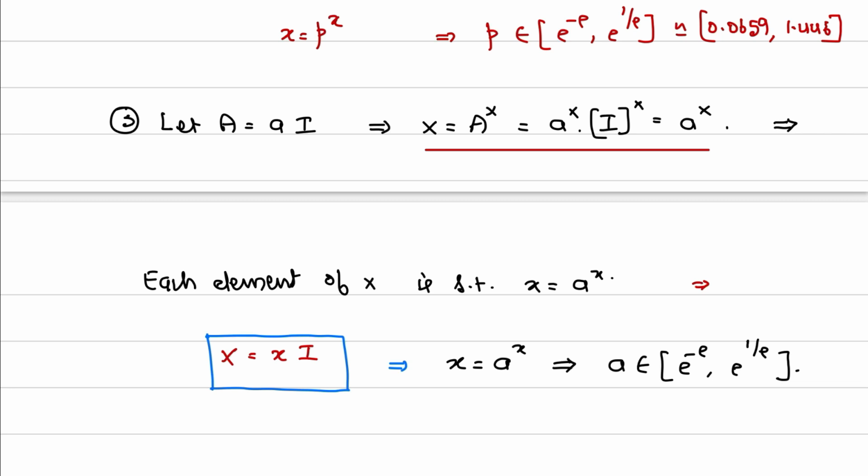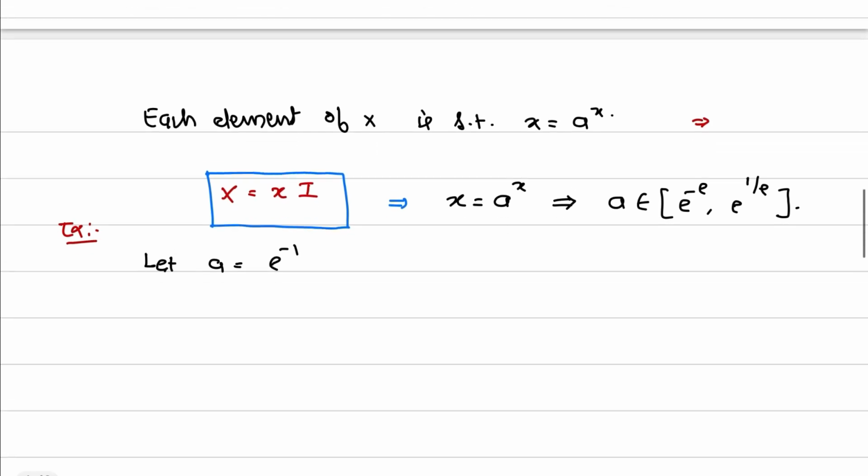Can we take e to the power of minus 1? Let A is equal to e to the power of minus 1. I am taking an example.